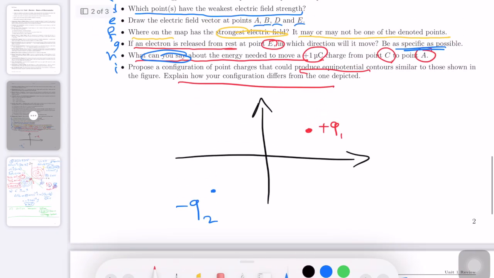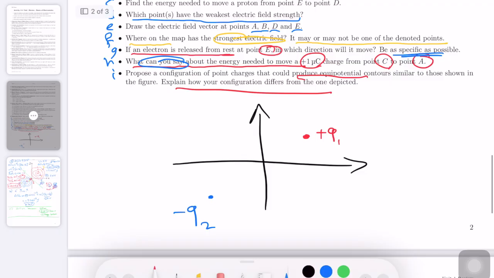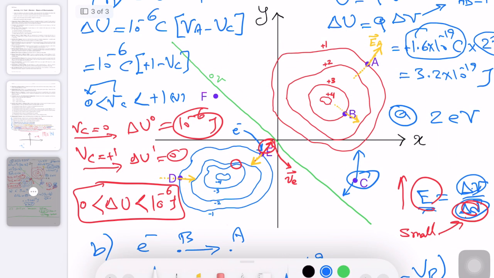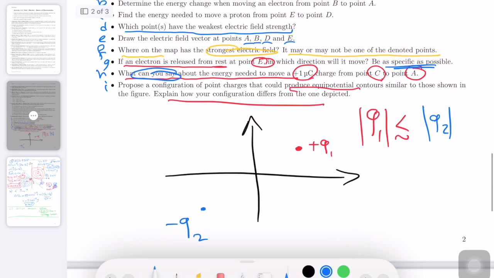So if I were a little more accurate, I would say that Q1 is similar to, but slightly smaller in magnitude than, the negative charge.